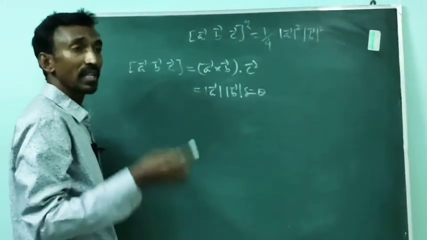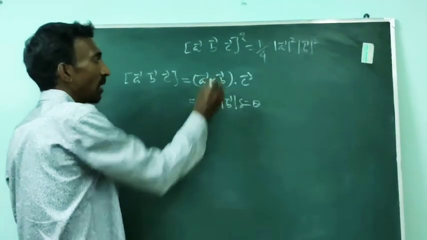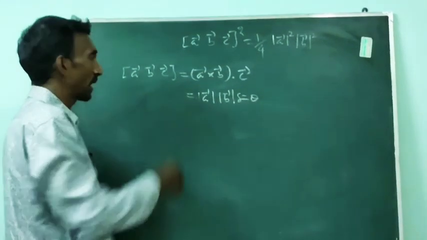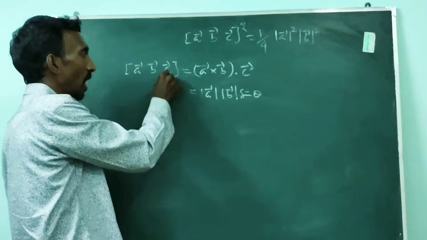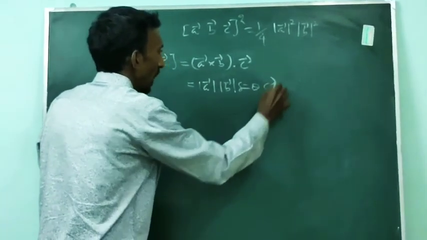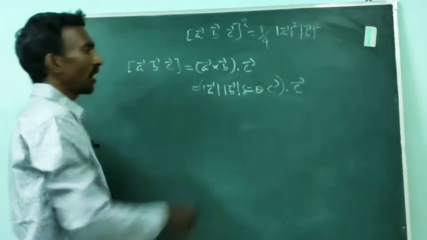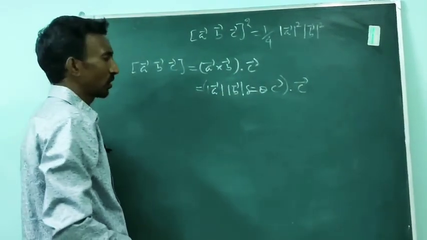N cap means the unit normal perpendicular to both a and b. Here in the question c is the unit normal to a and b, so we get c vector, dot c vector, or you can put c cap because it is given as a unit vector.